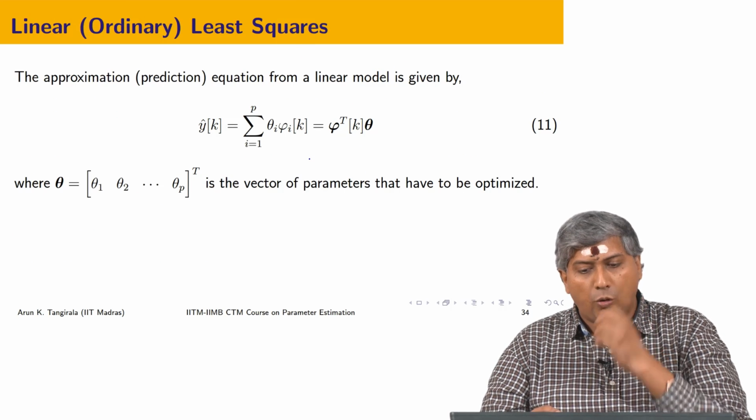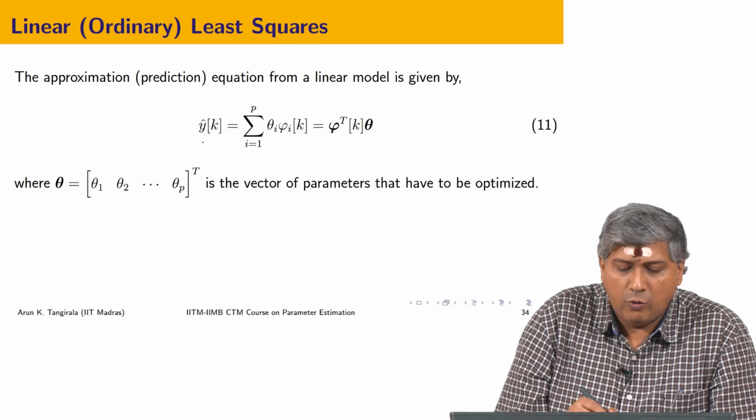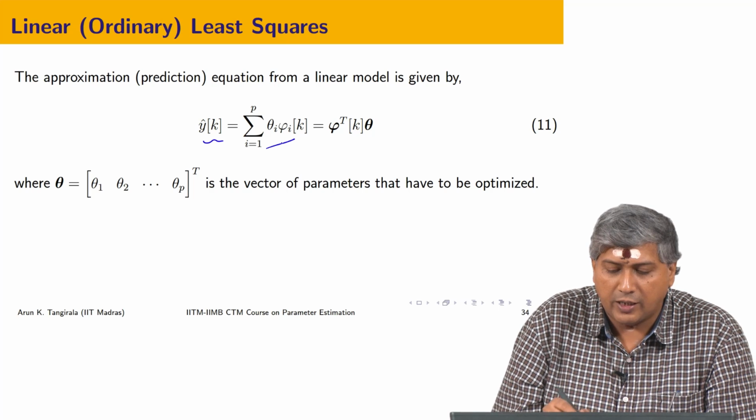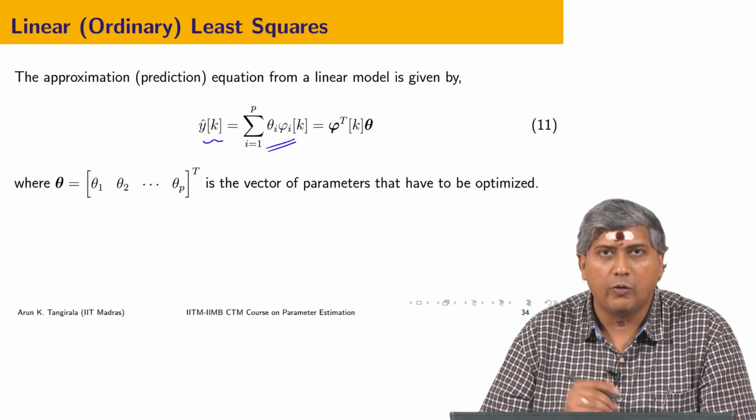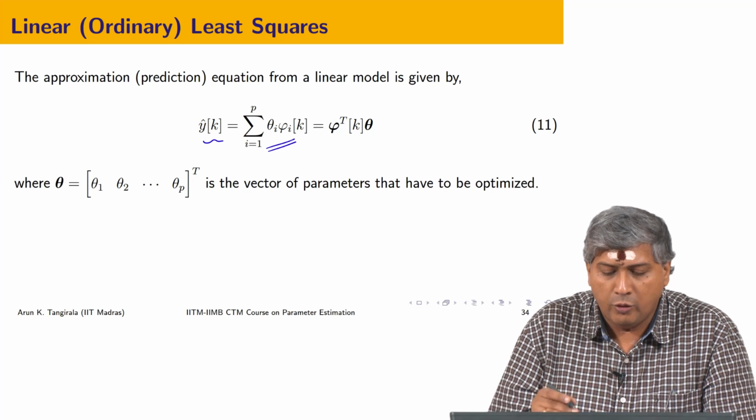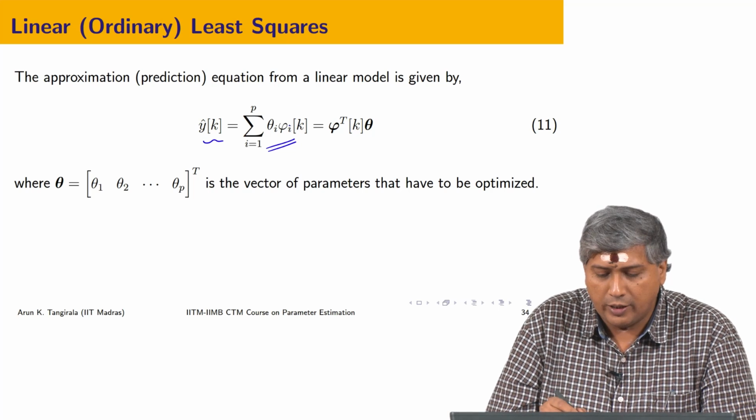So, with that note, we shall write now y hat as a linear function of the explanatory variables, just what we wrote earlier. Now, take a look at the notation carefully.